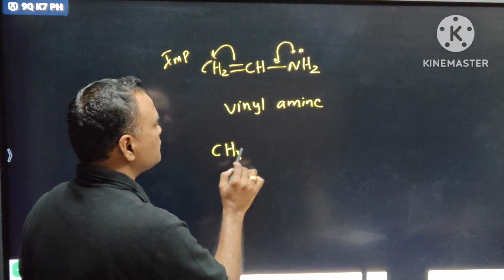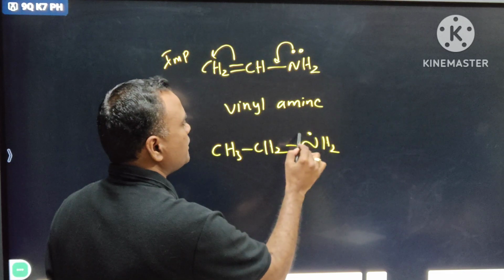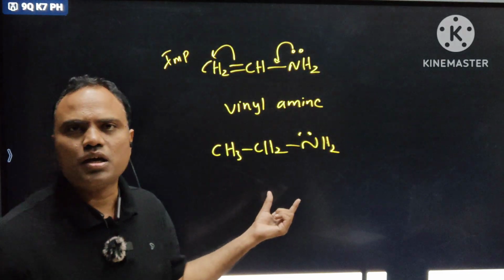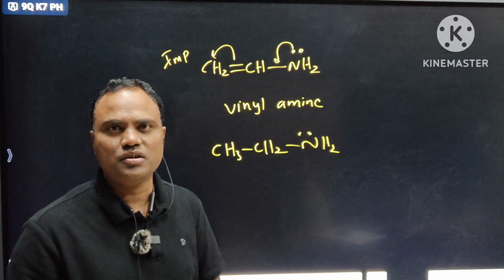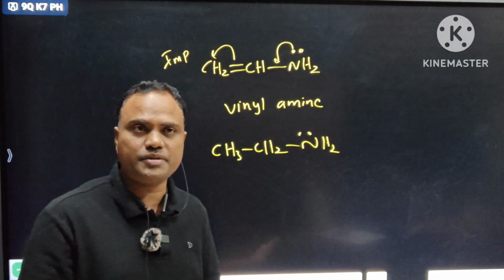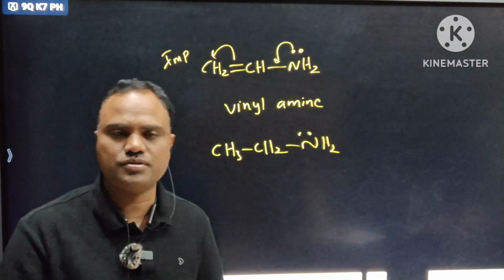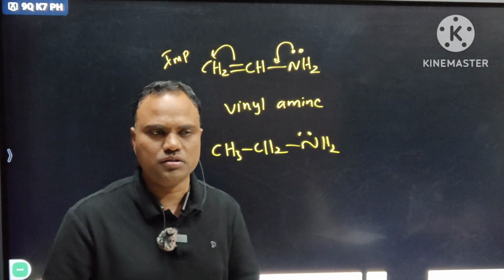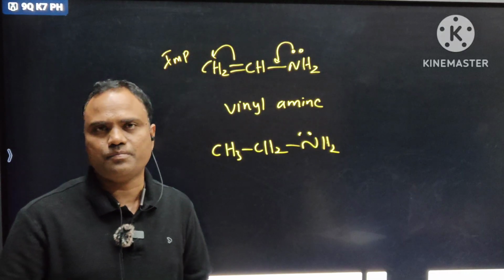In ethyl amine, is there any resonance? What is the difference between vinyl amine and ethyl amine? In ethyl amine there is no resonance; in vinyl amine resonance is present. So if resonance is present or not present, will any property change? Yes, the basic nature. So having an idea about the structures is very, very important.